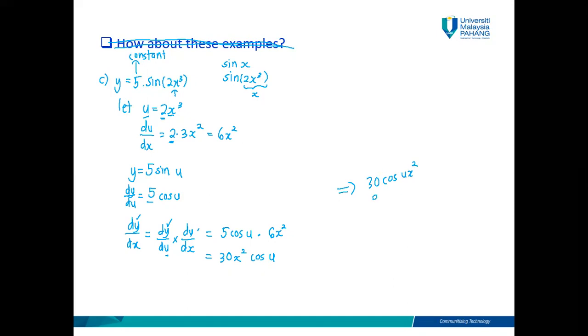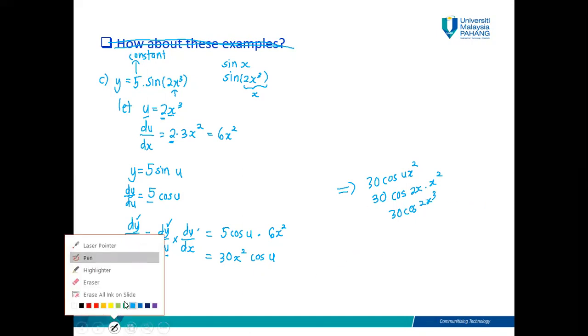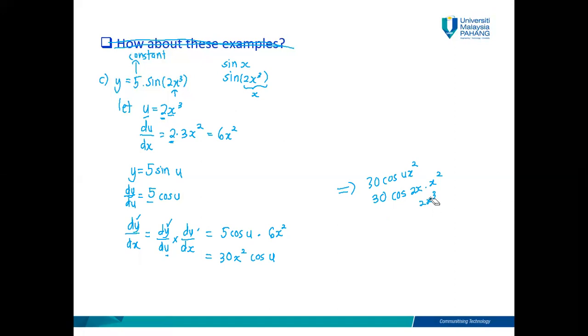Ada case, contohlah katakan u ni adalah 2x darab dengan x square. So jawapan dia nanti 30 cos 2x cube. Ini dah salah. Ini saya bagi contoh. Sebab tu you kena letak trigo function, maksudnya tangent, sin, cos, secant, cosine semua di belakang supaya dia tidak dipengaruhi oleh function lain.